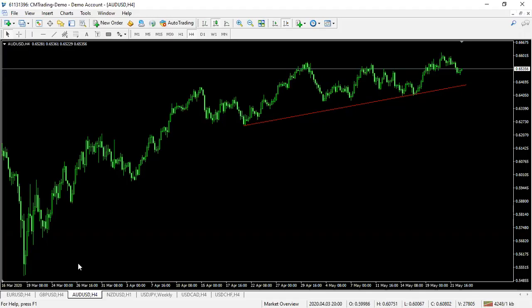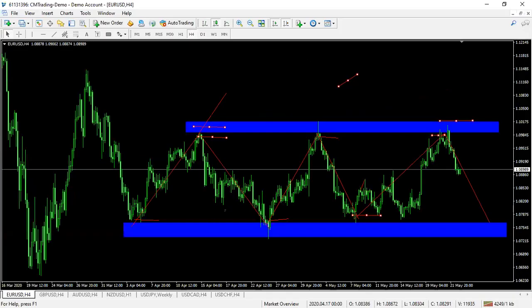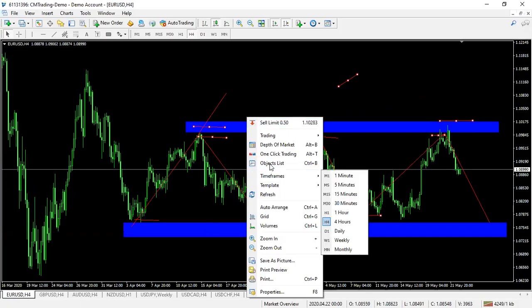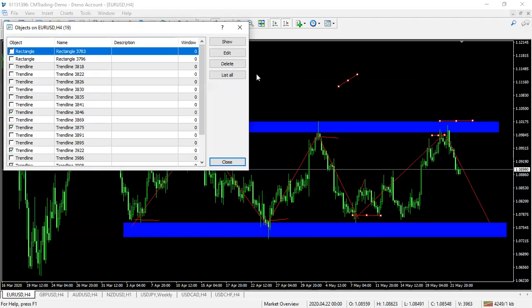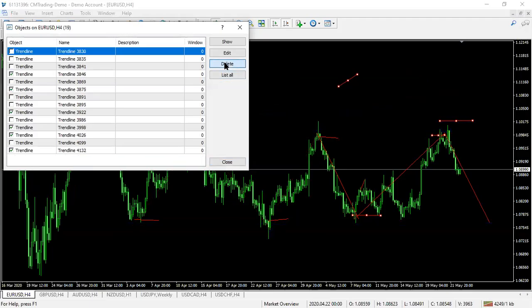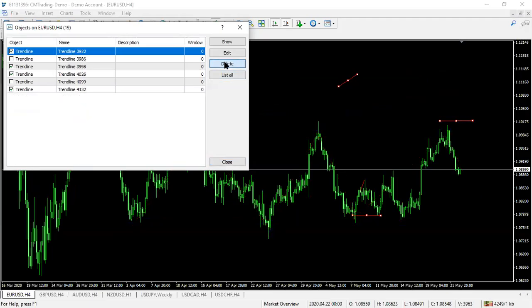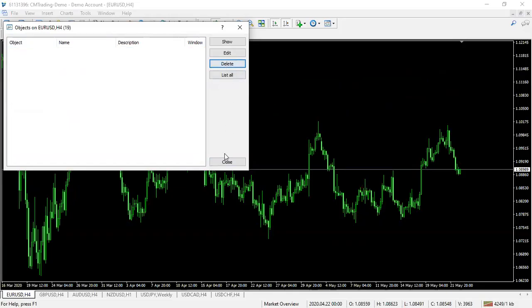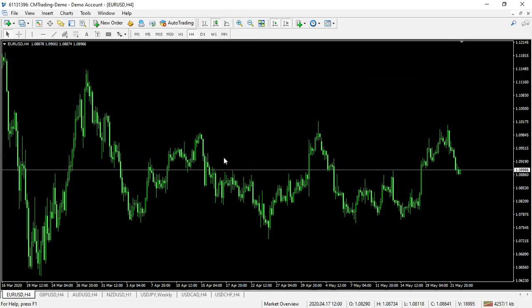Then plotting Fibonacci. So how do you do it? I'm going to give you the basics, because personally I don't even use Fibonacci in trading that much, but I'm going to give you the basics of Fibonacci. So you need to read more about it, but basically it's the golden ratio.